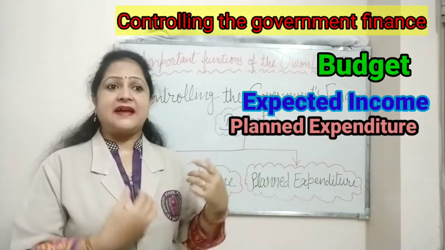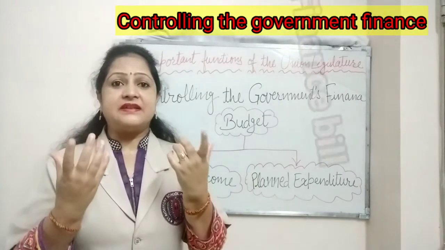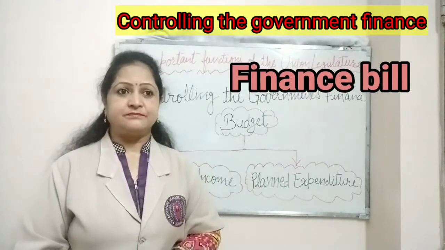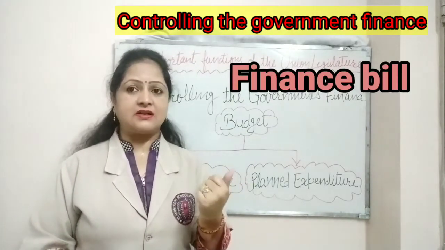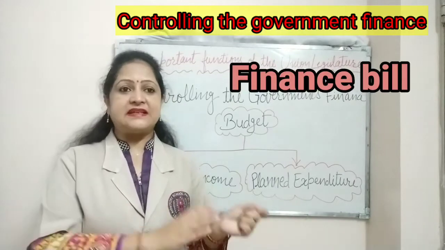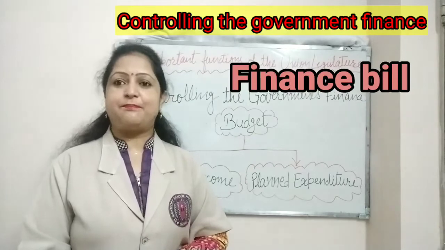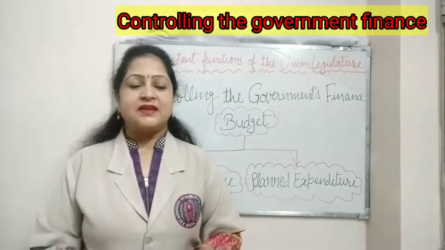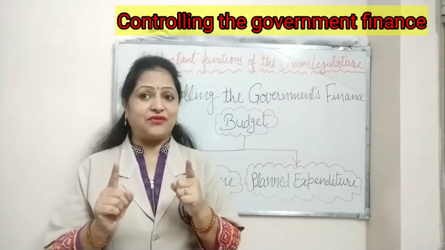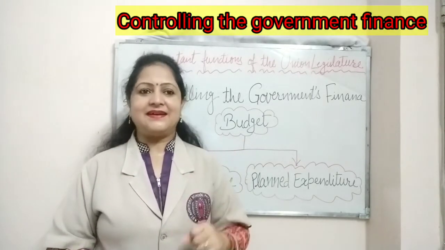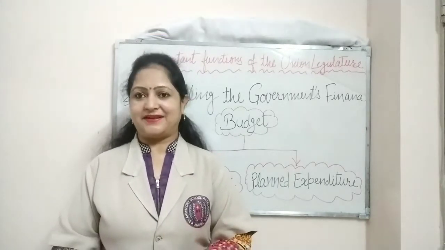Besides the budget, the government introduces a finance bill. This bill contains proposals for new laws and also for changes in existing taxes to meet the government's planned expenses. These fiscal policies of the government can be enforced only after they get the approval of the Parliament.